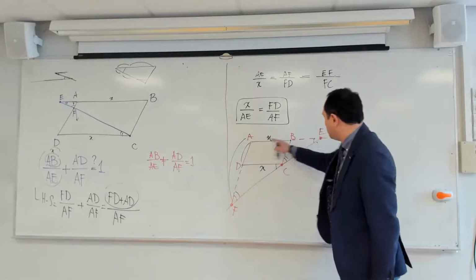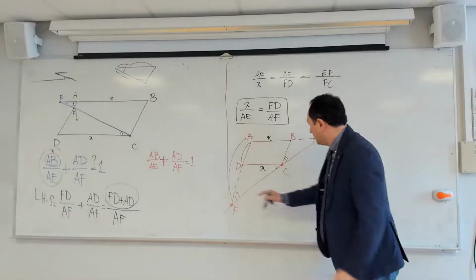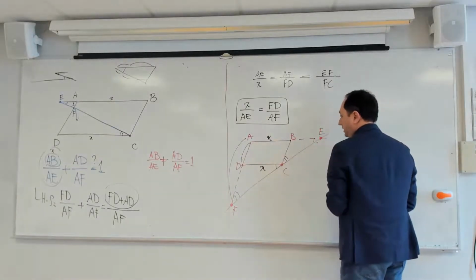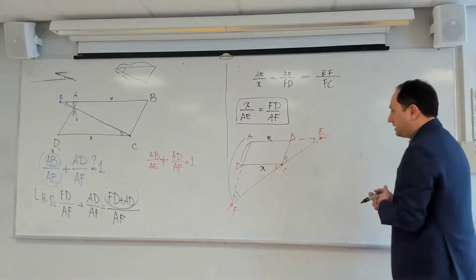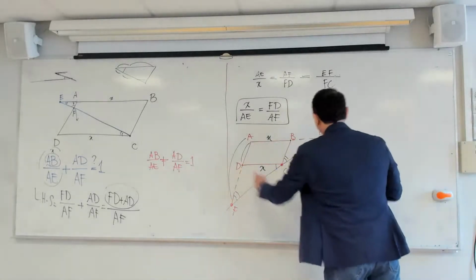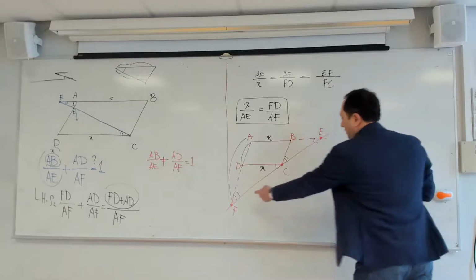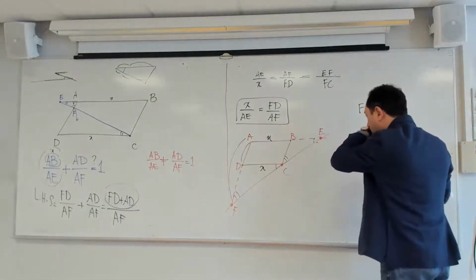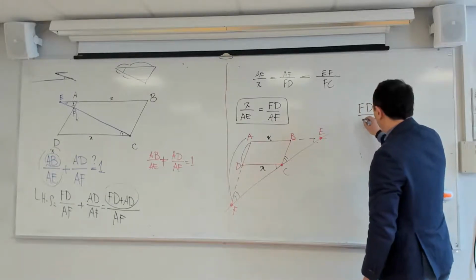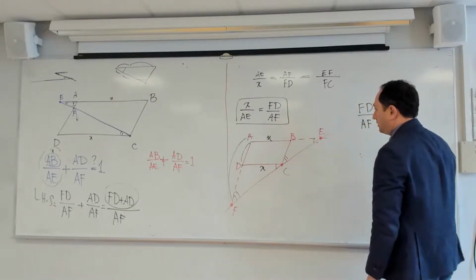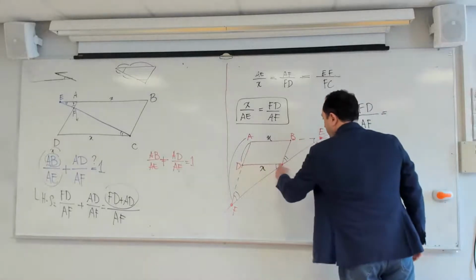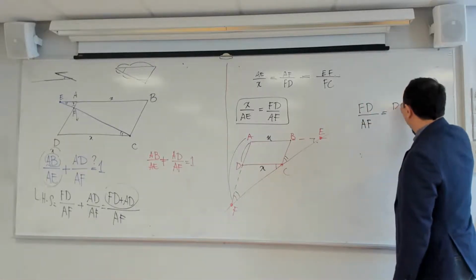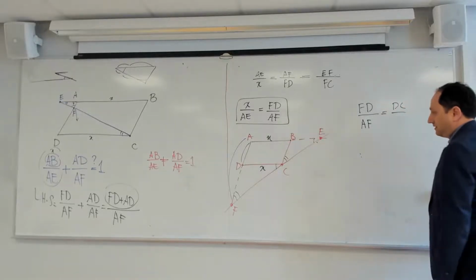So look at this big triangle here. And then momentarily don't look here. This line is parallel to that line. So I can use Thales's theorem, yes? I can write the ratio of FD to the whole AF is equal to DC, okay, can you tell me what I should write below it?